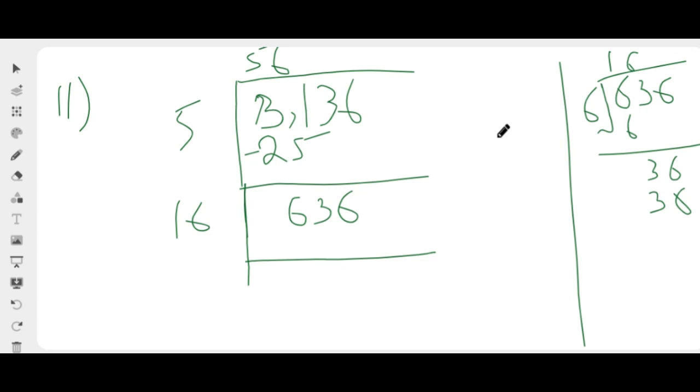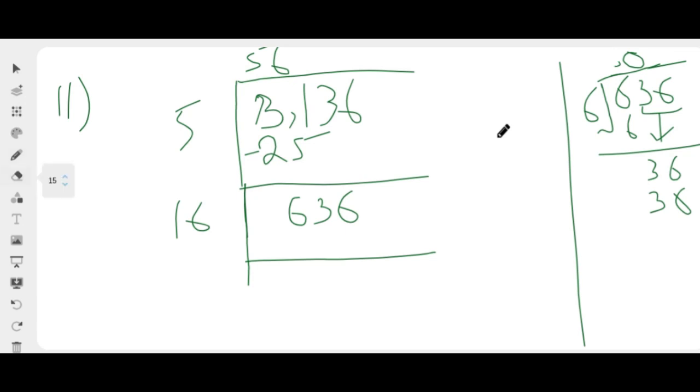So the answer is wrong? Yes, the answer is wrong. So 636 is divided with the 6. Yes, we are making a mistake. Last time I told you, when we have to do this thing, look here. We are making a mistake like this. This is 6 ones are 6. Now these two digits will come down collectively. When the two digits come down collectively, we have to put 0 here.